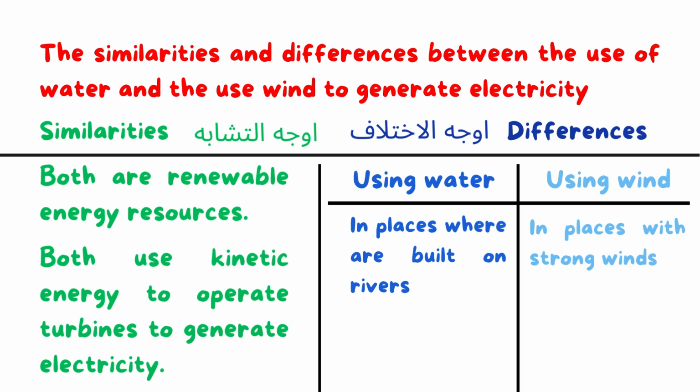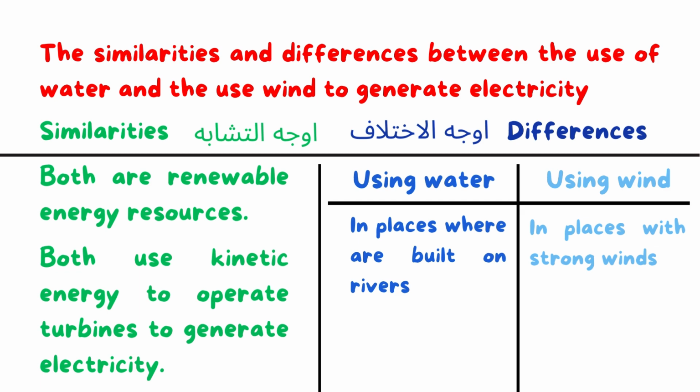As in wind, the kinetic energy of the wind movement causes the blades of the wind turbines to rotate and spin, and then this kinetic energy transfers to the turbines, and within here this kinetic energy is converted into electrical energy.